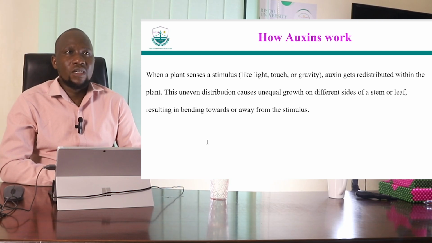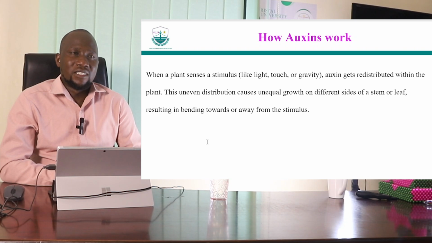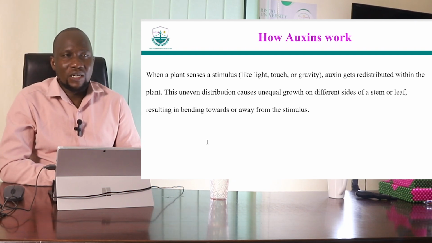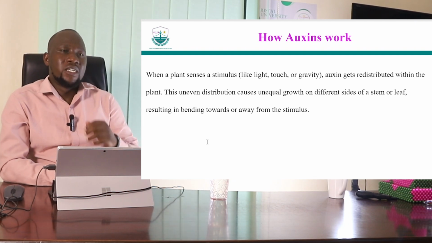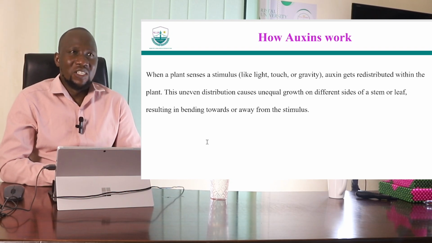However, the key aspect is that the distribution of these auxins, whether we're talking about the shoot of the plant or the root system of the plant, is influenced by a number of factors that we have just mentioned.